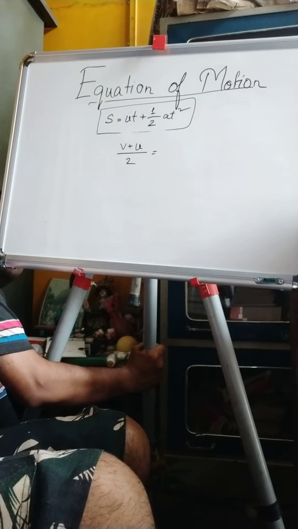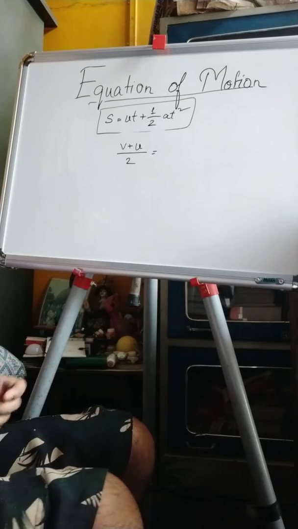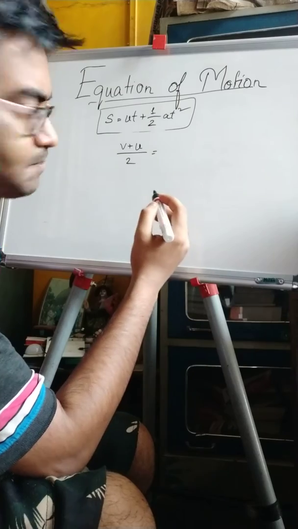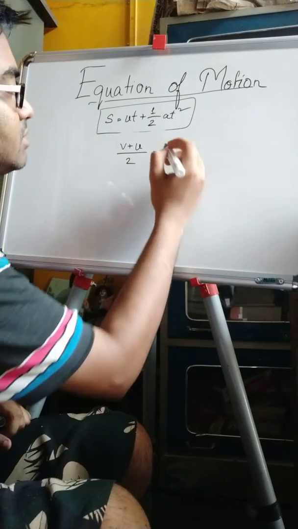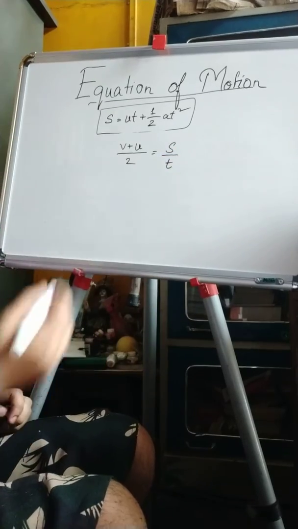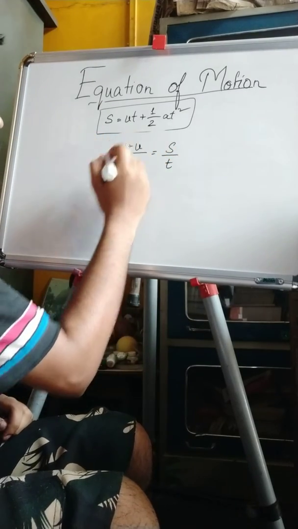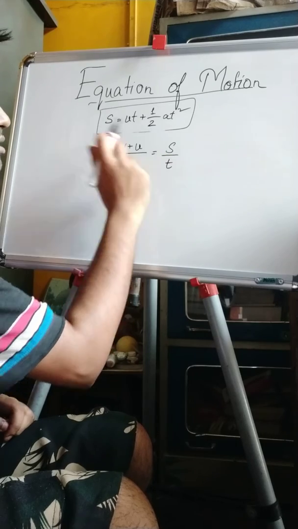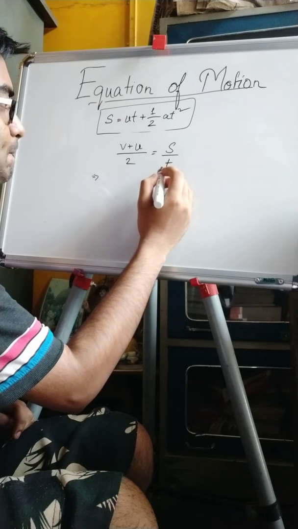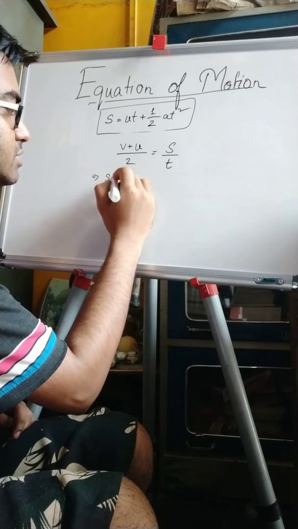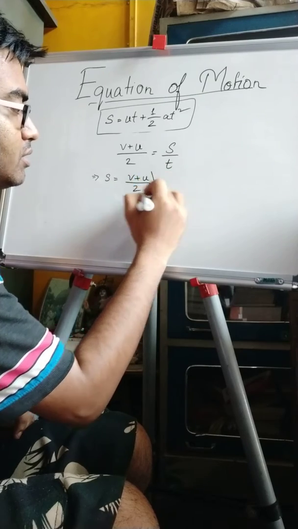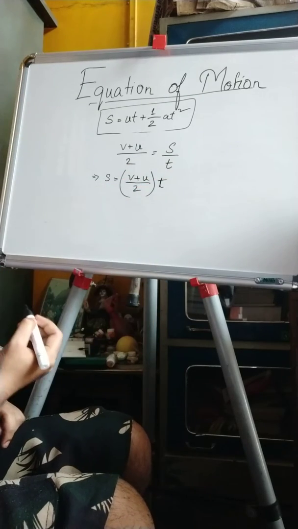Is it okay now? Yes, it is. Okay. So, v plus u by 2 is equal to distance by time. Now, let us take this t to the other side. It would be S is equal to v plus u by 2 into t. Is it clear?